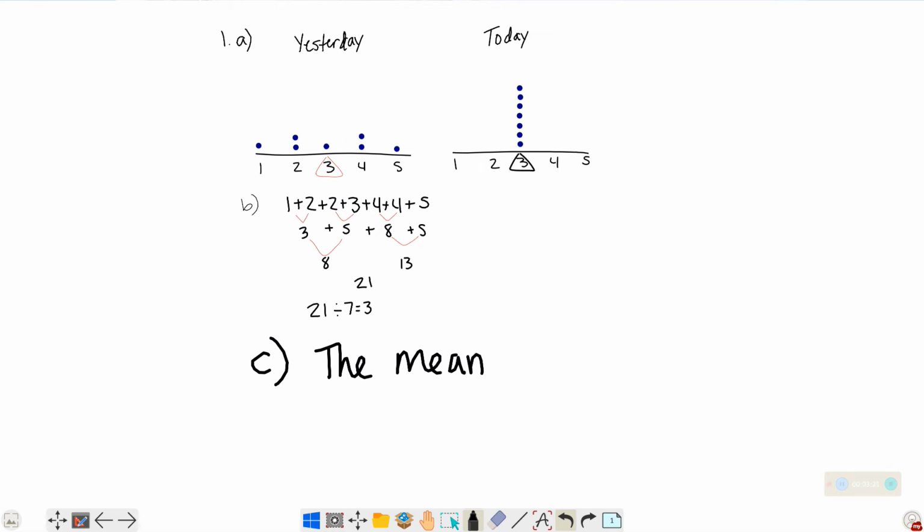Because today's dot plot has all the values on 3, 3 is a better indicator of the typical value. The mean on the one from yesterday is also 3, but the points are more spread out, so it's not as good of an indication.